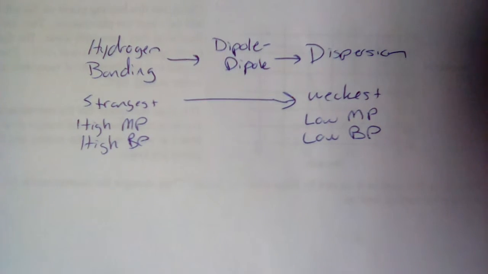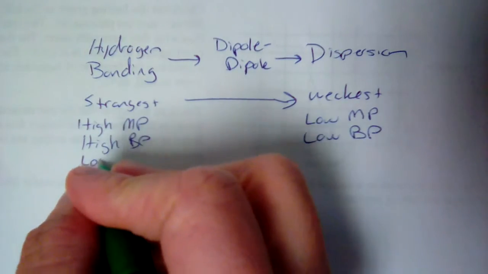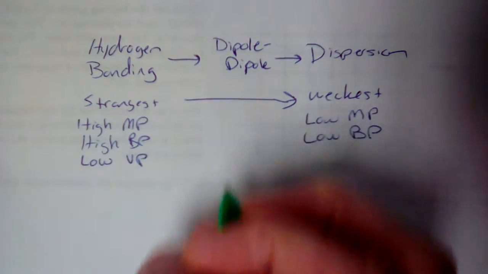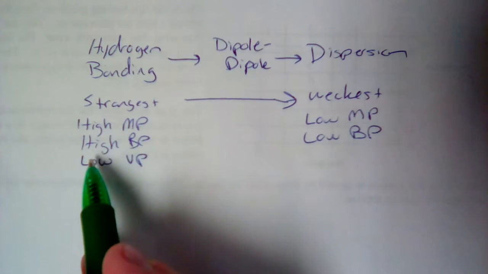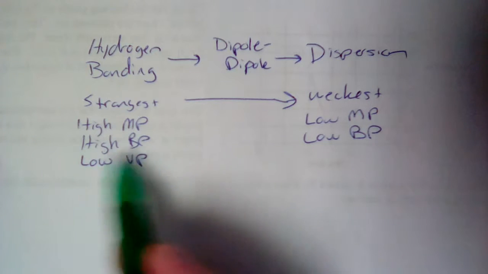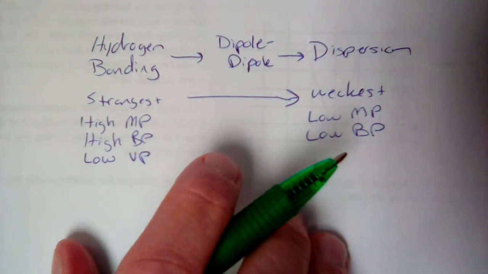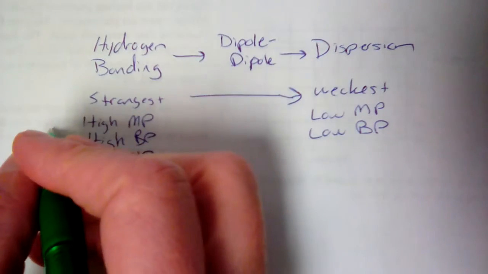Now, something related to boiling point is vapor pressure. And we say substances with high hydrogen bonding have low vapor pressure. It seems kind of contradictory when you think about what vapor pressure is, but hear me out. Vapor pressure deals with boiling. Substances boil when the vapor pressure is equal to the atmospheric pressure on top of the liquid.